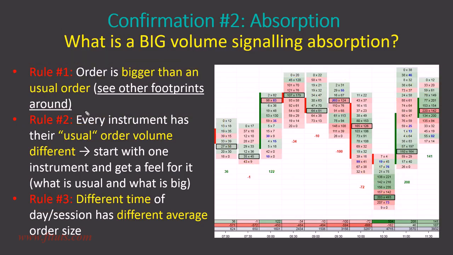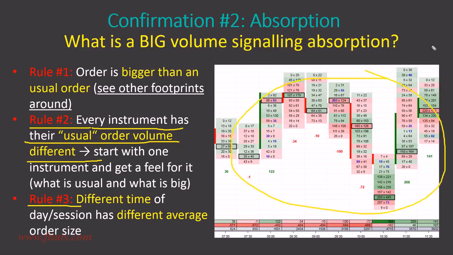But there are also rules number 2 and 3 which you can follow when you are a little bit more experienced. Rule number 2 says that every instrument has a different usual order volume. For example, those volumes which you can see here would be normal volumes for the Euro futures. But if you went to the ES, Standard and Poor's Index futures, then those numbers would be way higher.